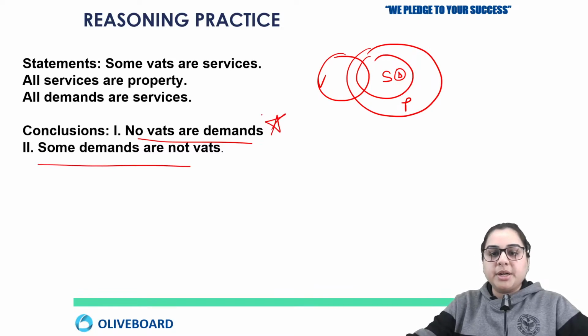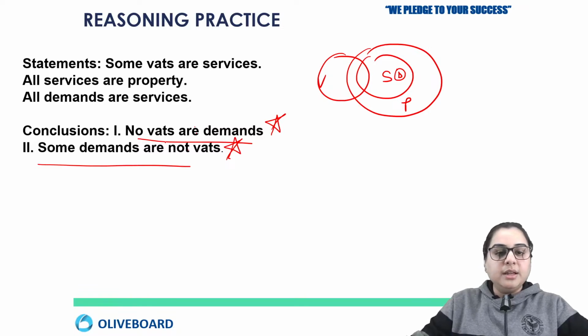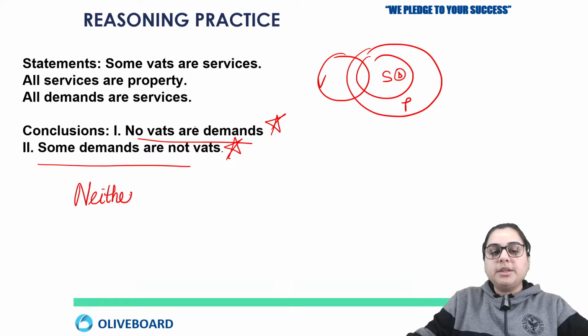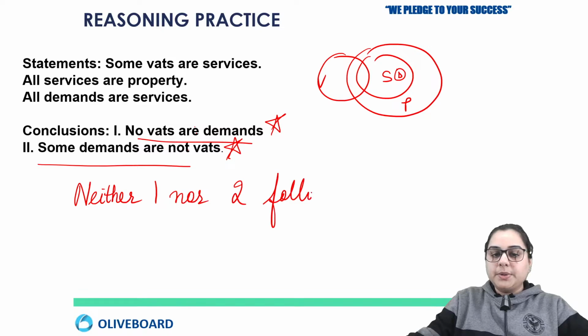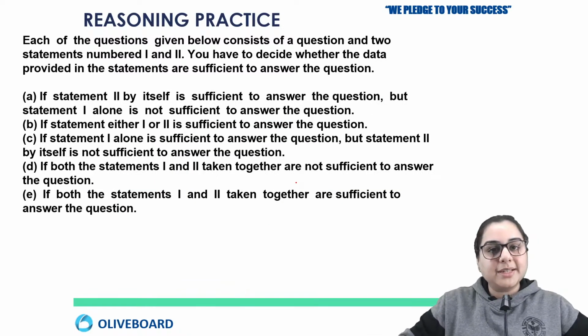Second one, some demands are not VATs. This can also happen, but both are negative conclusions. For marking either or, we need one positive and one negative. So that's the reason both the conclusions are wrong, and hence the answer here will be neither 1 nor 2 follows. Okay, right.